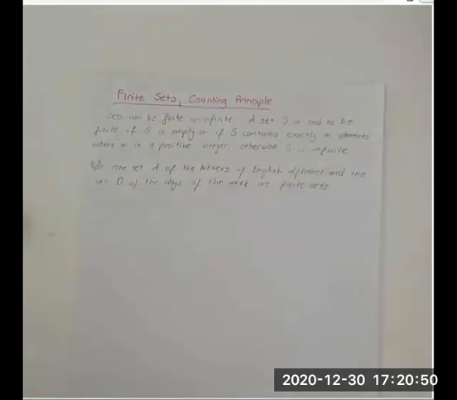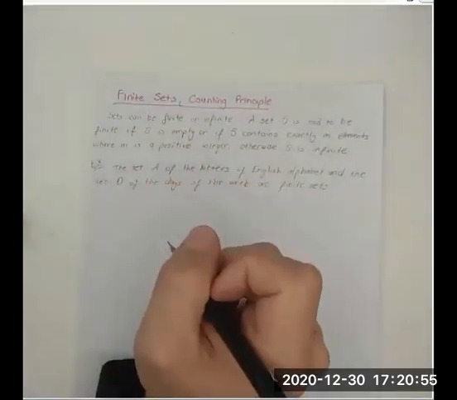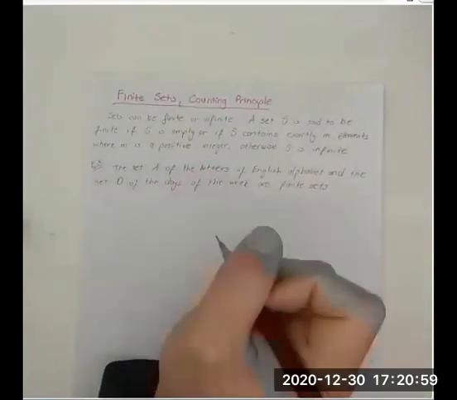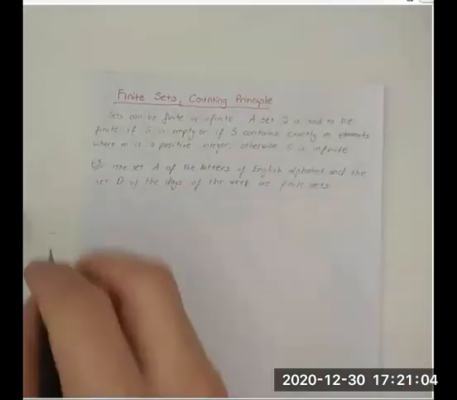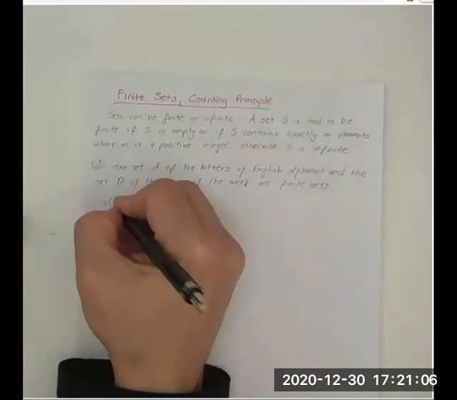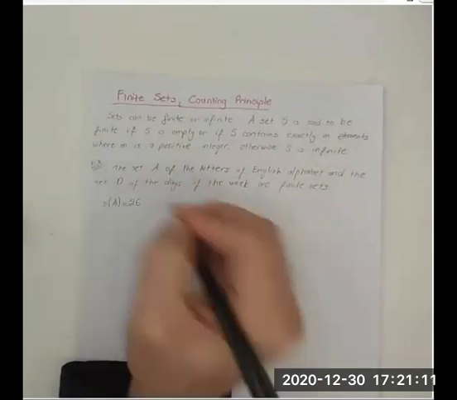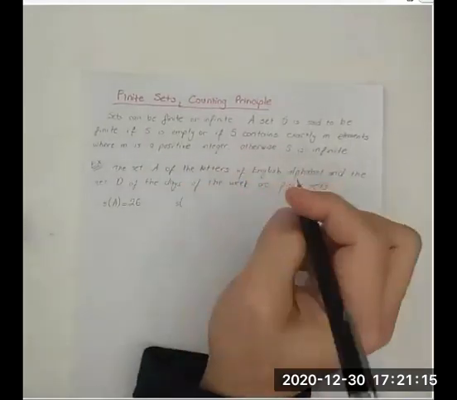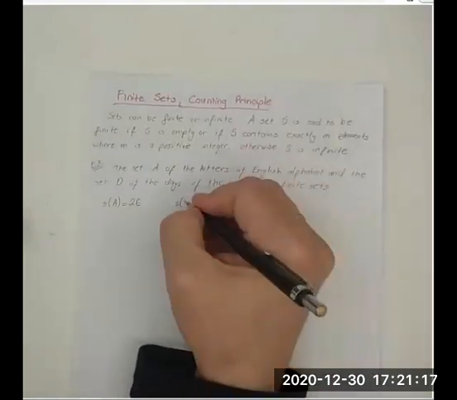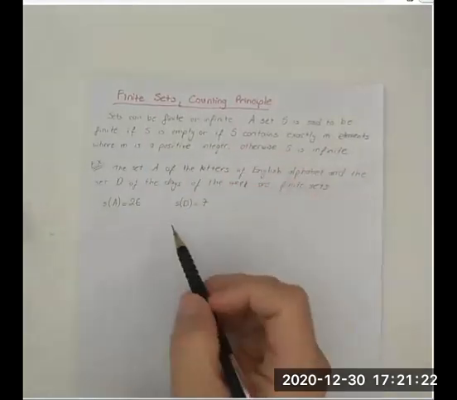For the alphabet, do we know the representation? Let's say, for example, the number of members of set A is equal to 26, and the number of members of set B is 7.